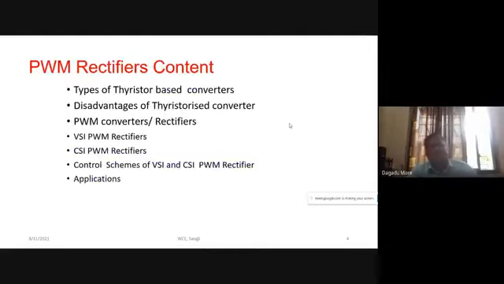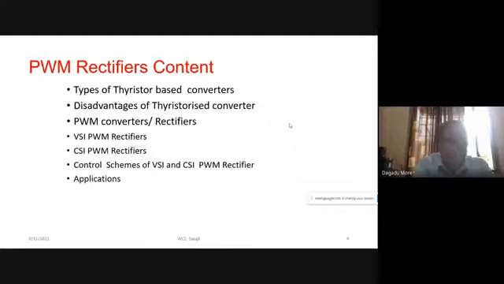Now the first module is on PWM rectifiers, and in the first two lectures we will concentrate on thyristor based converters. Then we will look at the drawbacks of thyristor converters and how these drawbacks can be eliminated with PWM rectifiers, or converters.